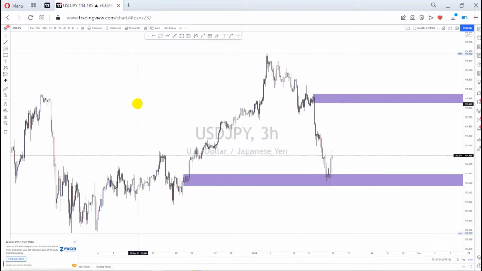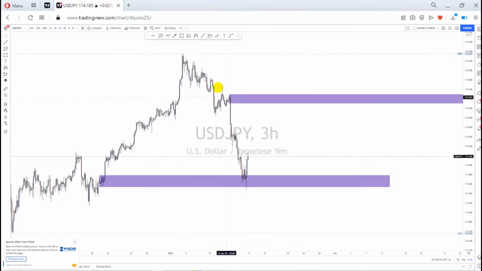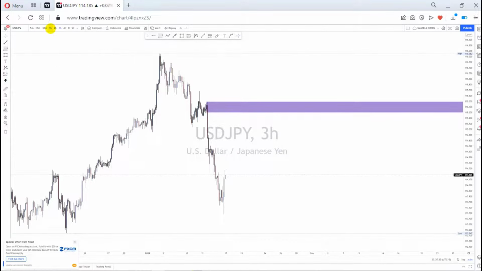You can take this consolidation here, but for me I'm focused on this supply here, so let me delete this one here. I'm focused on this one here because this is the supply, then this is my breakout structure here. Then I like the way they lift the supply, the first movement out of the consolidation here.